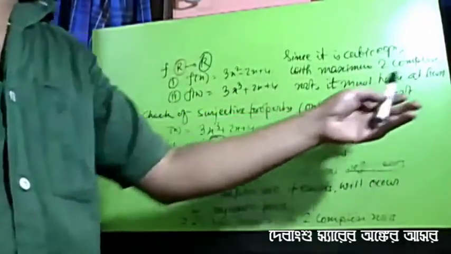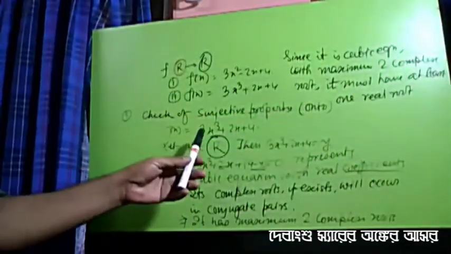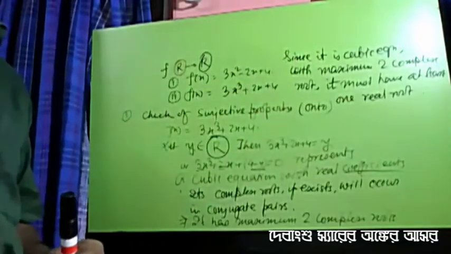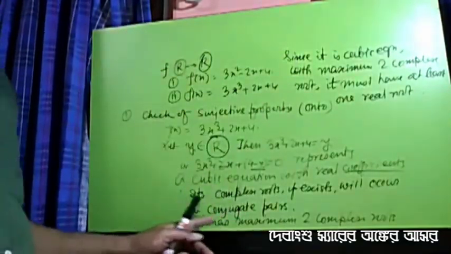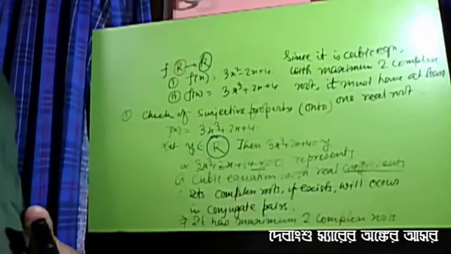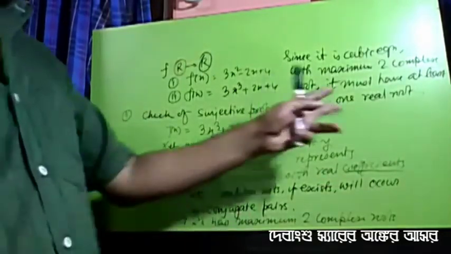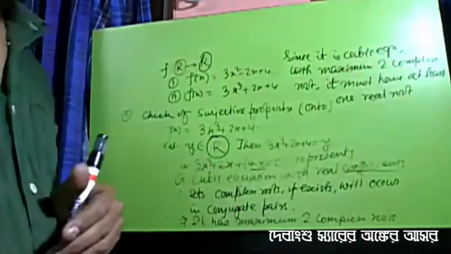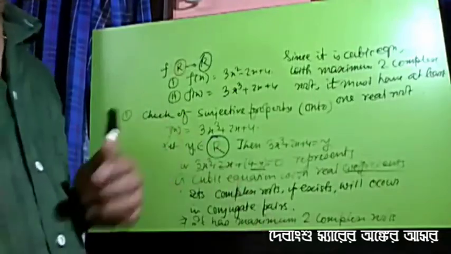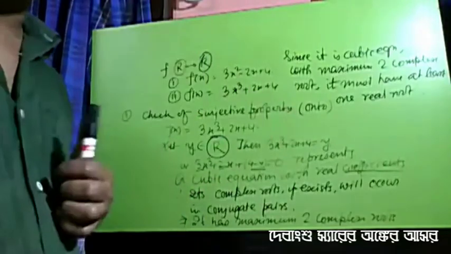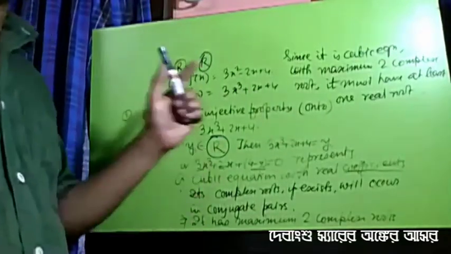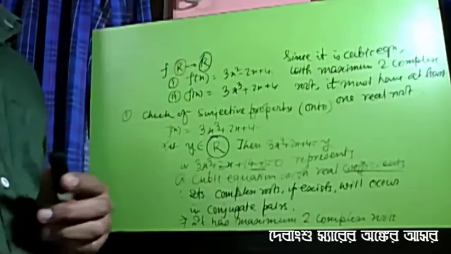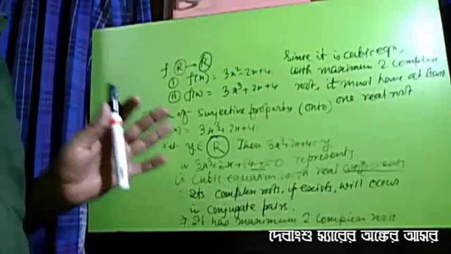I am not claiming that it has 2 complex roots. I am claiming that it may have maximum 2 complex roots. If it has 2 complex roots, then the nature of the roots is 2 complex and 1 real. If not, then it has 3 real roots. So it may have 3 real roots, but it cannot have 3 complex roots because complex roots occur in even numbers. So it has a real root.